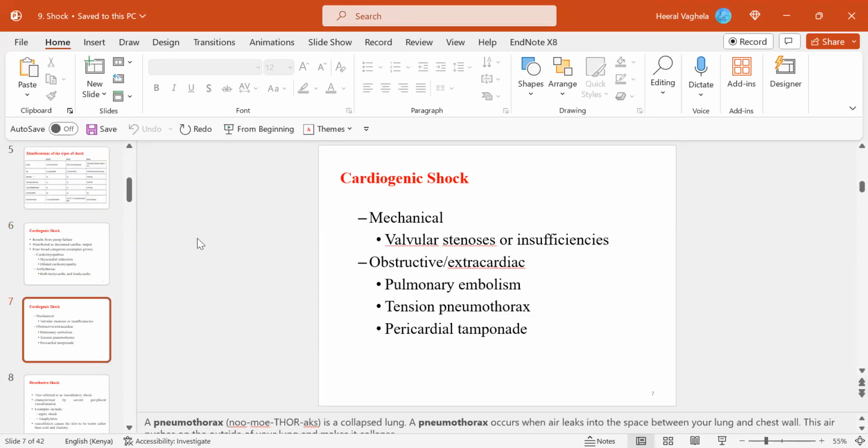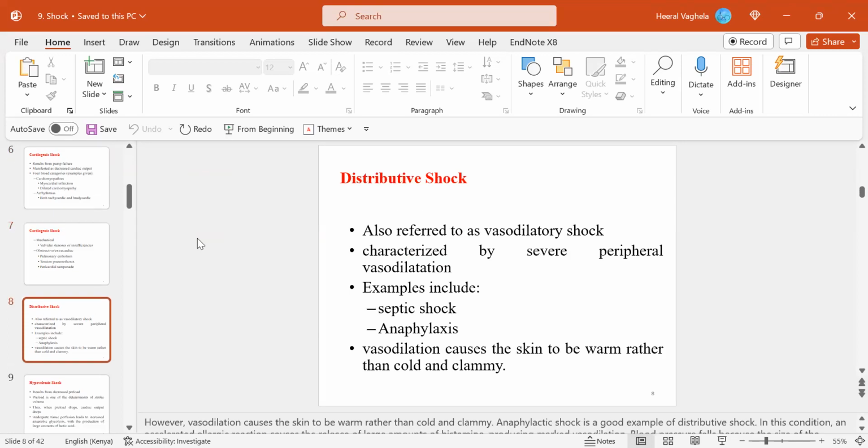Then you have mechanical cardiogenic shock and obstructive causes, like pulmonary embolism. For distributive, it can be either septic shock or anaphylaxis. And like I said, because of the vasodilation, the skin is usually warmer compared to the other types of shock where it's cool.